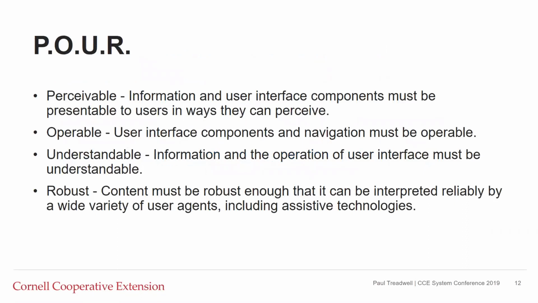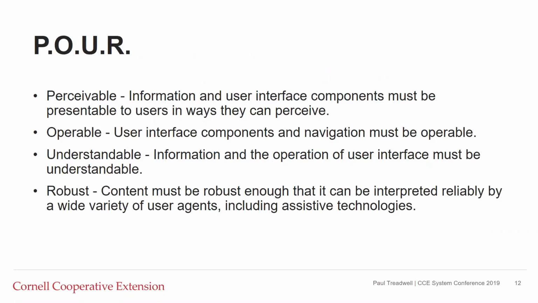So we're going to talk a couple minutes about POUR and what that actually means. These definitions include themselves, which I always find interesting. Perceivable: information and user interface components must be presentable to users in ways they can perceive. The most obvious one there is visual impairment.